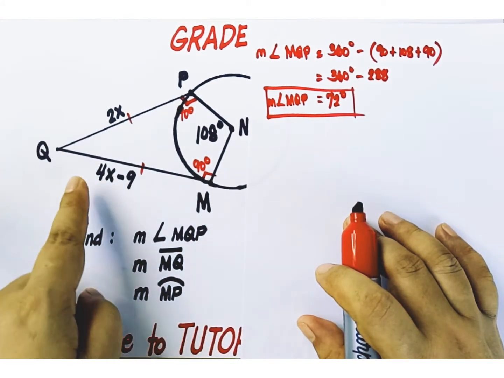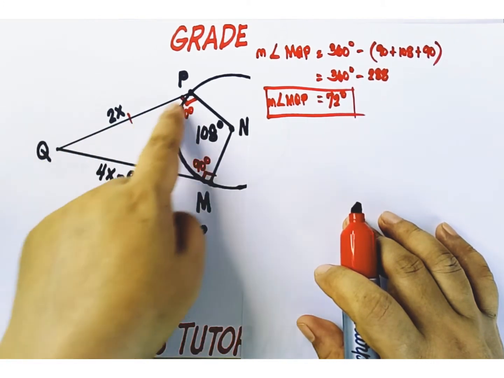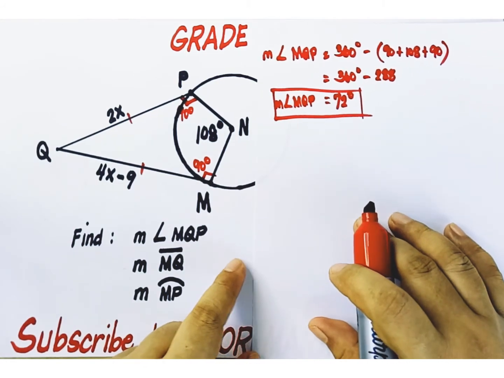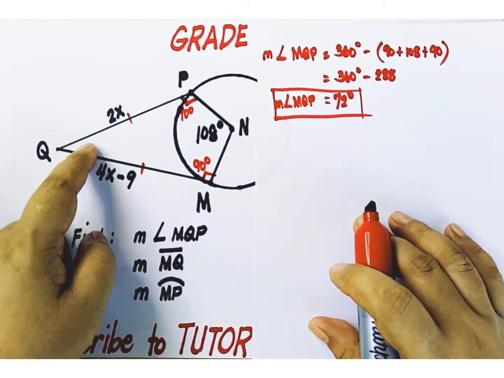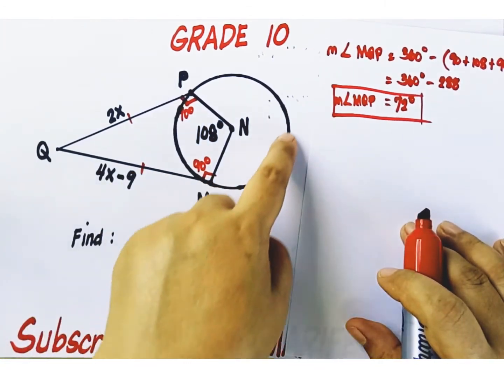In this case, we have an outside angle formed by two tangents. And the intercepted arcs of this outside angle are arc MP and this major arc.